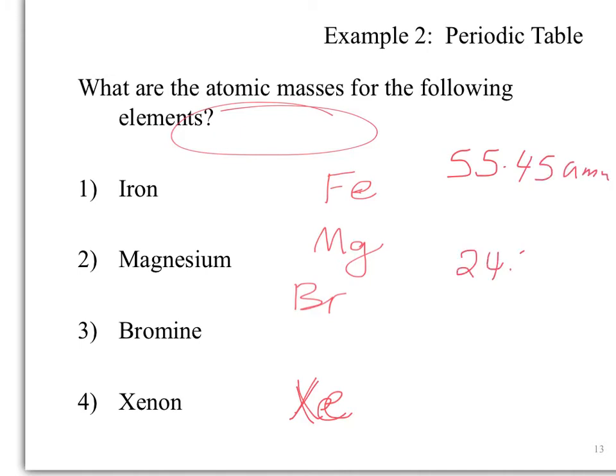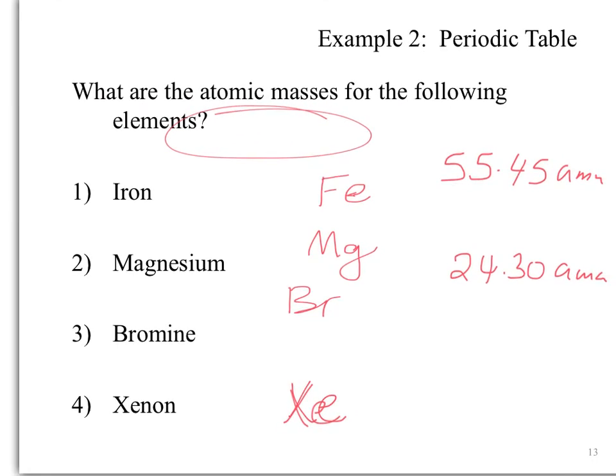Magnesium is 24.30 AMU. Bromine is 79.9 AMU, and xenon is 131.59 AMU.